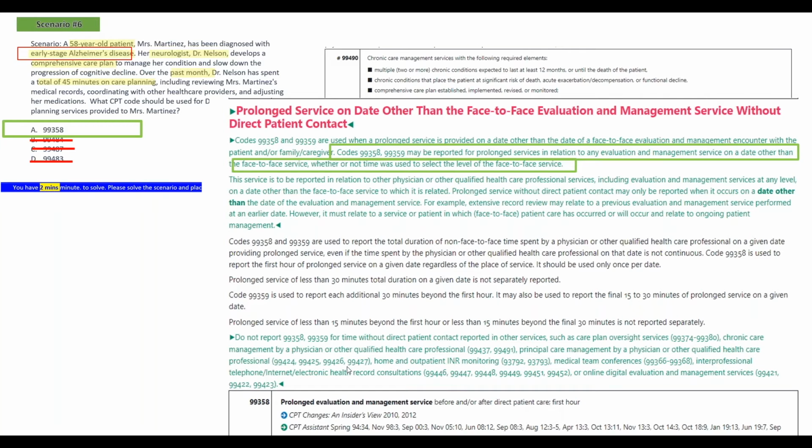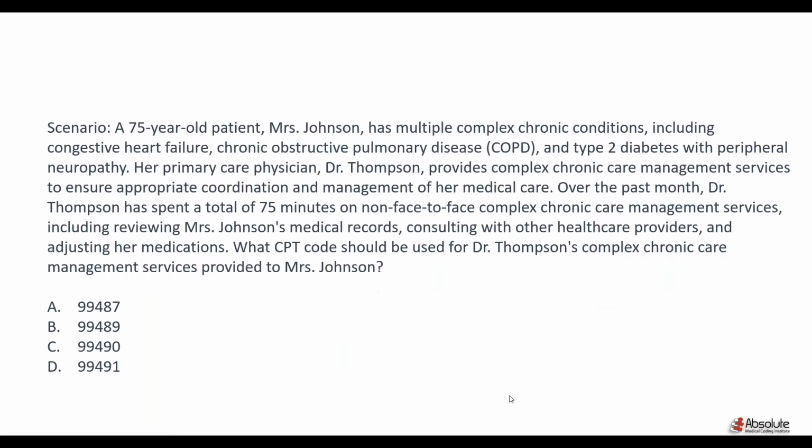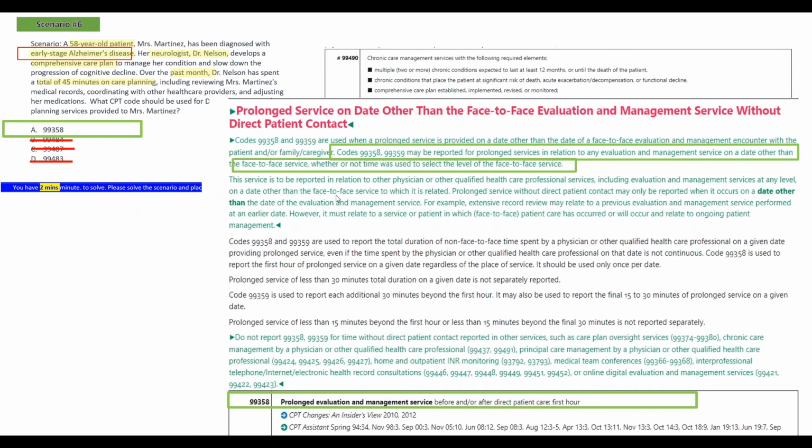And how many minutes do we have here? We have 45 minutes of care planning given, and that would be 99358. And that did not happen in a single encounter.